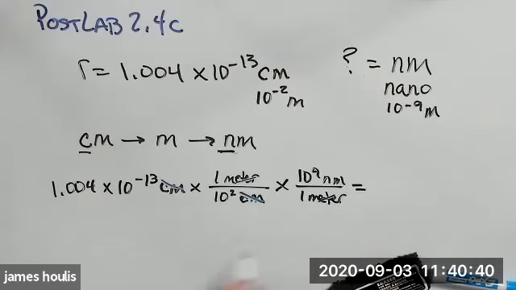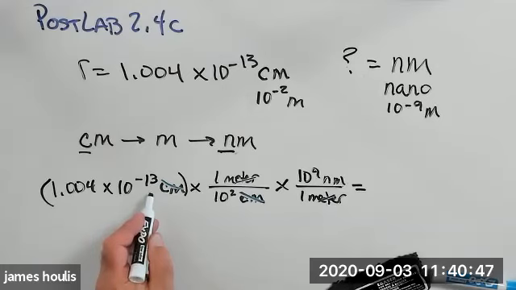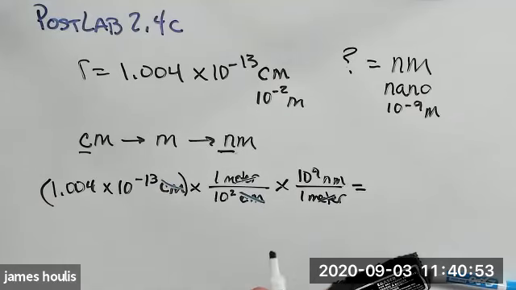When we put this in the calculator, I like to put 1.004 times 10 to the minus 13 into the calculator in parentheses. I do this anytime I have an exponential number. It just helps the calculator keep track, and it helps me keep track of each part of the equation, right?